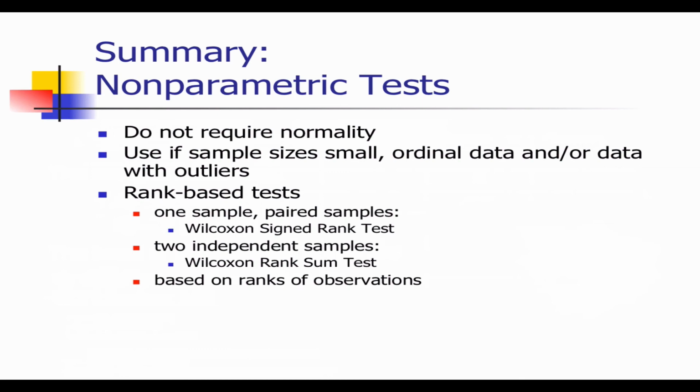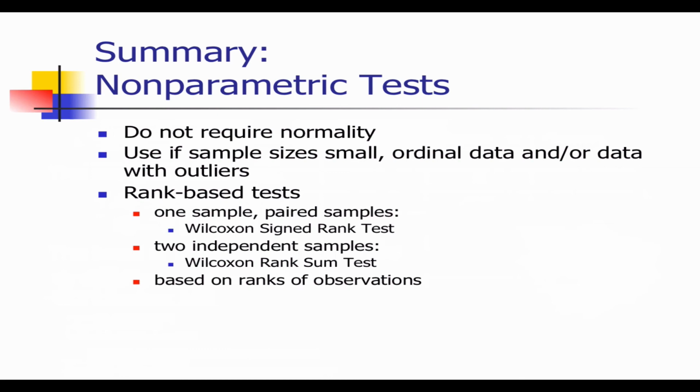The sacrifice you make for a non-parametric or rank-based test, compared to a parametric test such as the two-sample t-test or one-sample t-test, is this: in scenarios where both types of tests are appropriate, but you choose to use a non-parametric test, the price you pay is that you don't have as much power as you do for the two-sample t-test or parametric test. Remember what we mean by power.